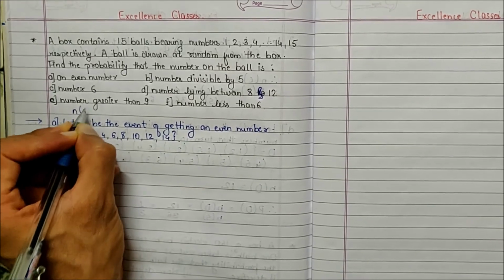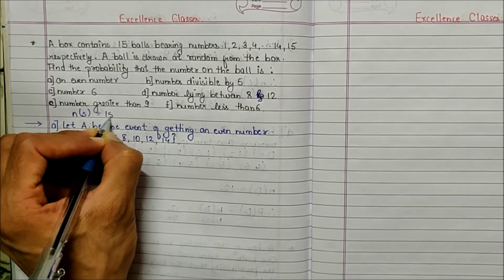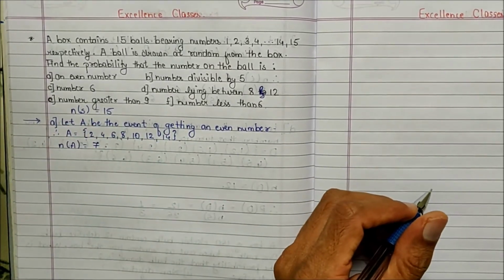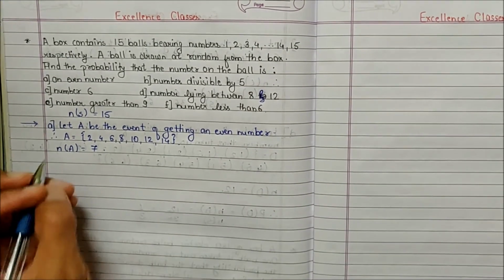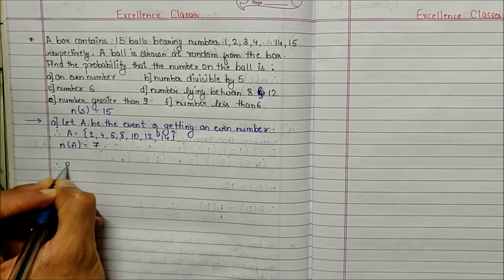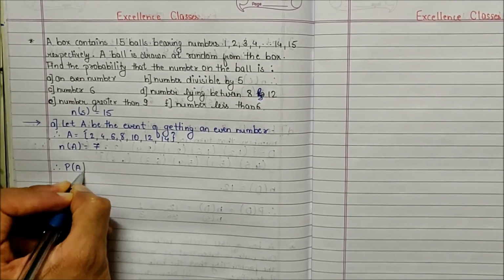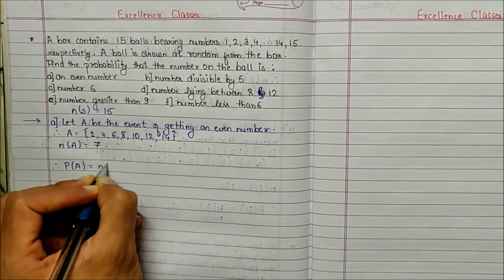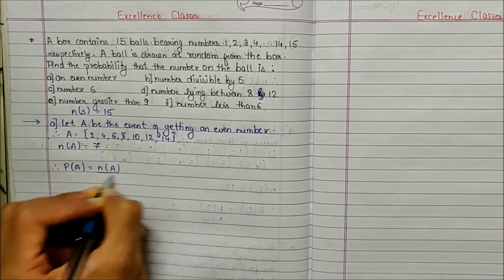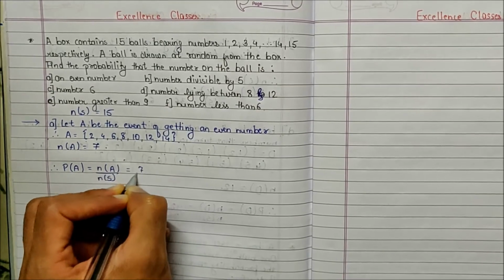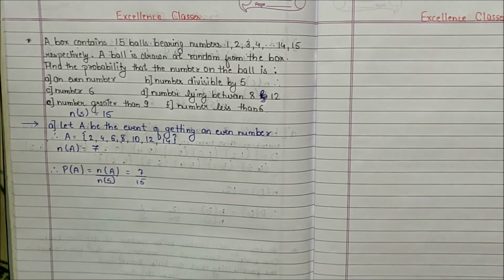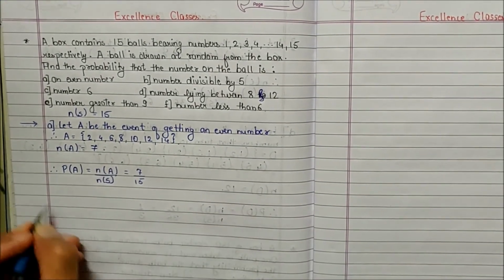N of S that has been already given to us is 15. The total number of balls are 15. Therefore, P of A, that is probability of getting an even number, will be N of A upon N of S, which is equal to 7 upon 15. This will be the first answer.